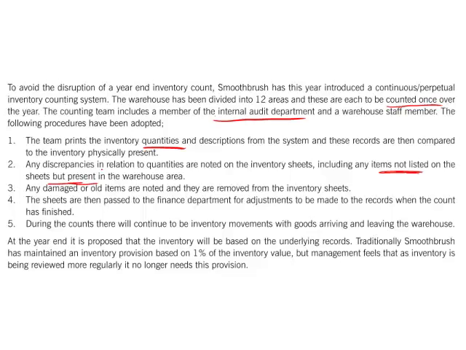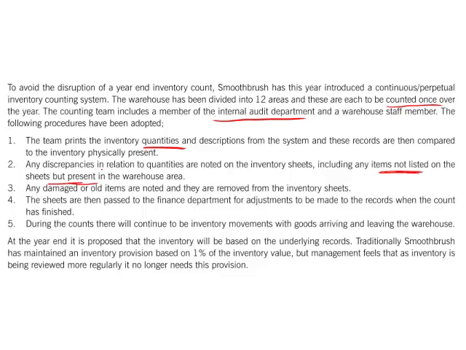So we can note the extra 10 litres because we've been told to go and count red paint. But what happens if there's a purple paint in the warehouse which never appears on any inventory sheet? Unless we go from inventory to sheets as well as from sheets to inventory, we're never going to pick that up.